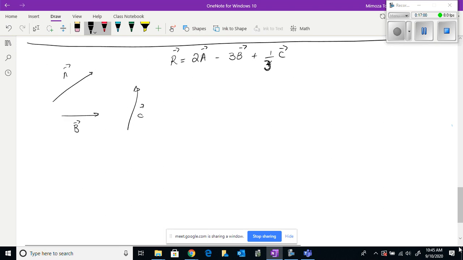We will use the closed polygon method because, as we said, it's easier. So if this is 1A, then 2A will be 2 of them. So this is 2A.